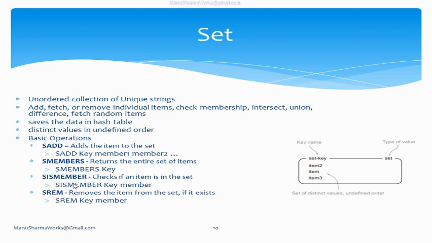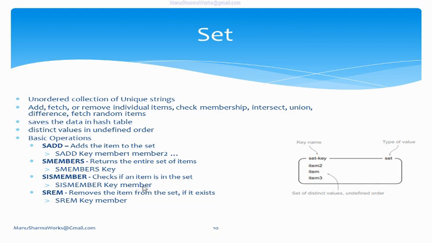SISMEMBER: in order to check whether a value is present in the set or not, we use SISMEMBER key member. Suppose I want to check whether item 3 is present in this set, I will use SISMEMBER set key and item 3, and it will return 1. 1 indicates that this value is present in the set.